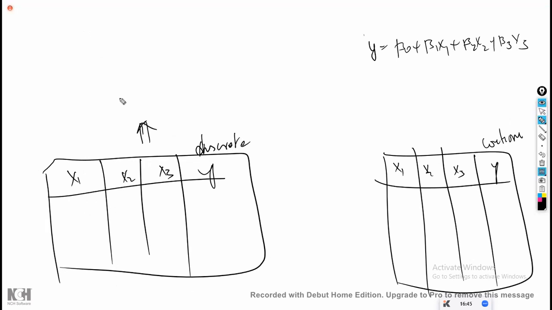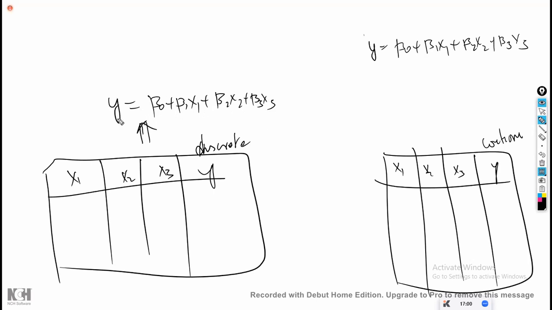In this case, what we are going to do is first calculate y in the same way, beta naught plus beta 1 x1 plus beta 2 x2 plus beta 3 x3. The same equation we are going to calculate.